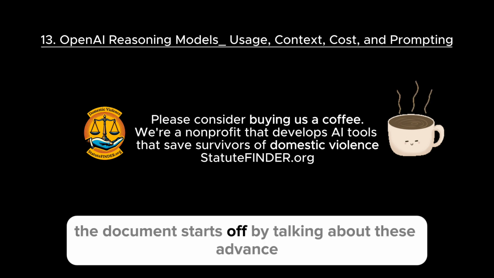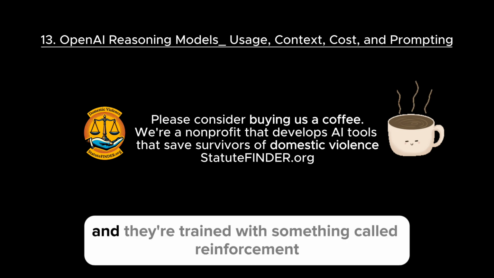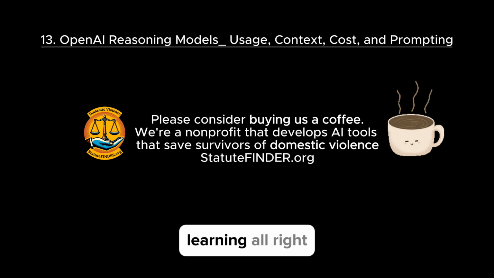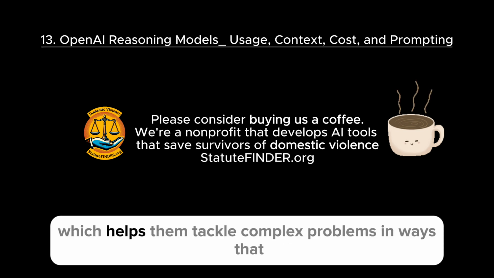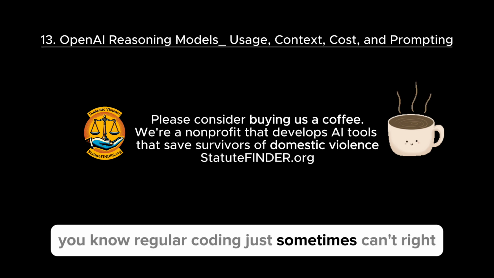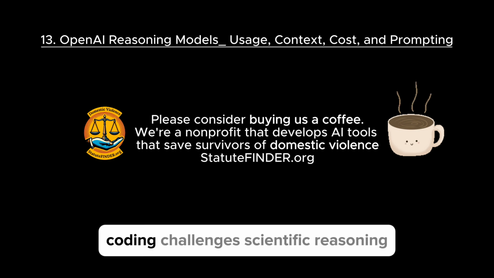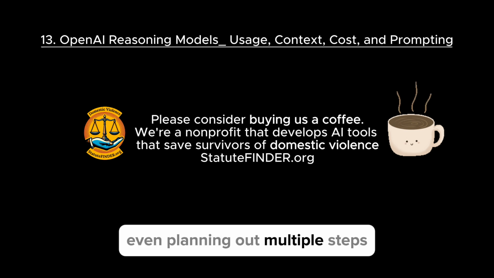The document starts off by talking about these advanced reasoning models, O1 and O3 mini, and they're trained with something called reinforcement learning, which helps them tackle complex problems in ways that regular coding just sometimes can't. So think problem solving, coding challenges, scientific reasoning, even planning out multiple steps.